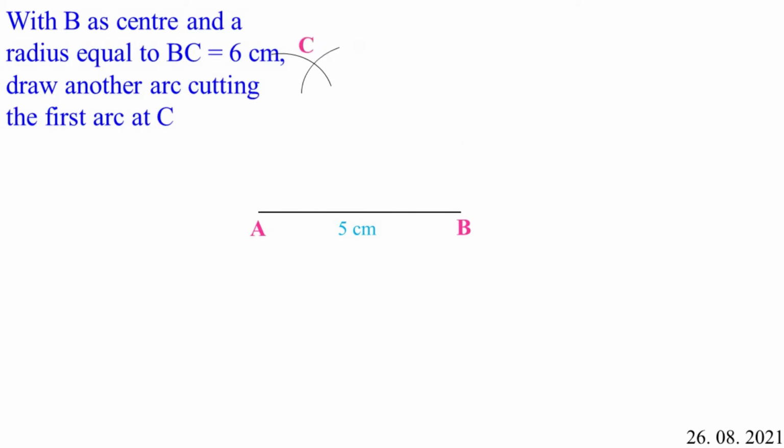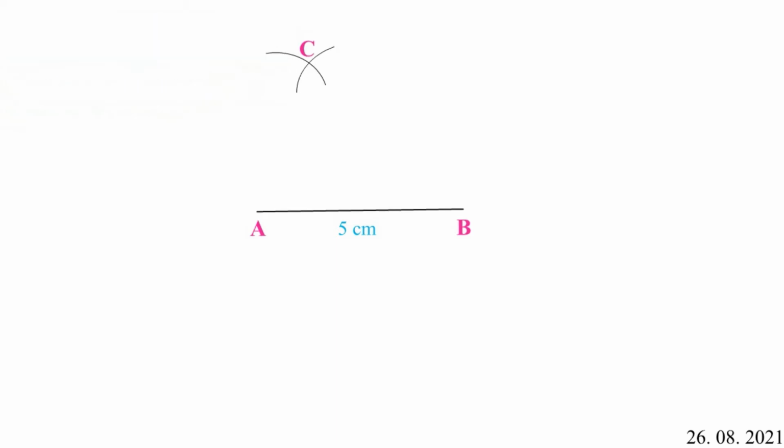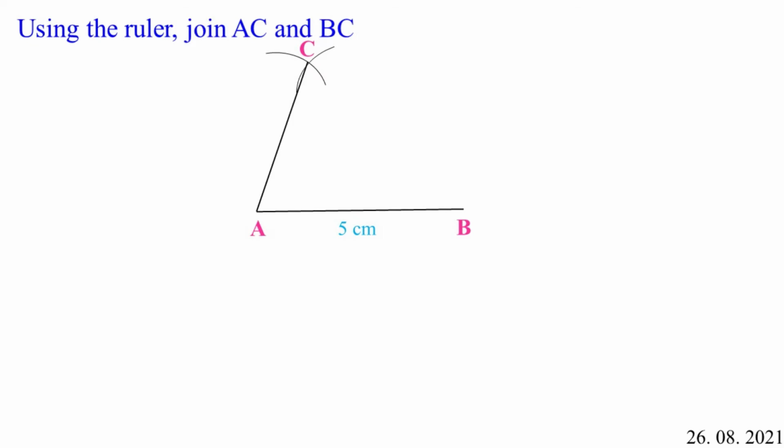Name that point C. Next step, using ruler, now join A and C. You get segment AC. AC is 4 cm. Now join B and C. You get the segment BC. BC is 6 cm. With this, the first triangle is constructed.